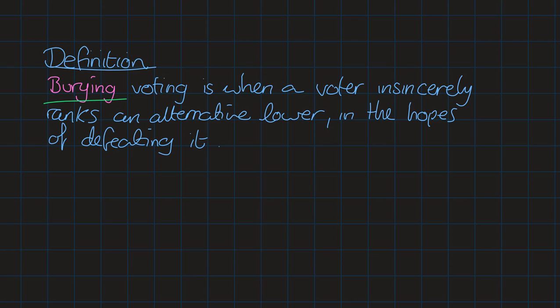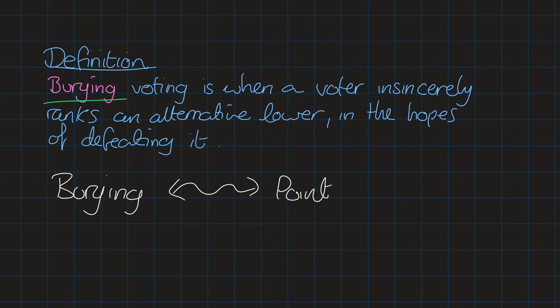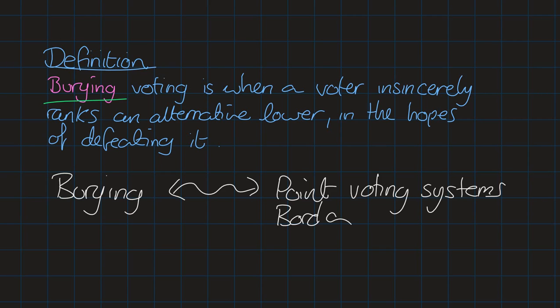Okay? And burying tactical voting is mainly used when there's some sort of point-based system. So burying is mainly used in point voting systems, for example, the Borda or the Baldwin.